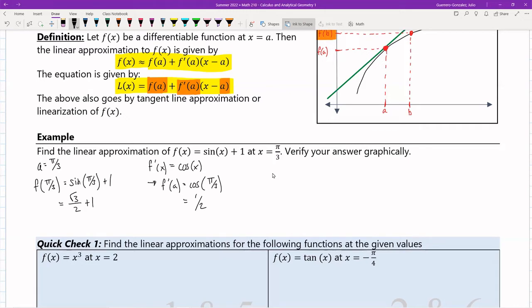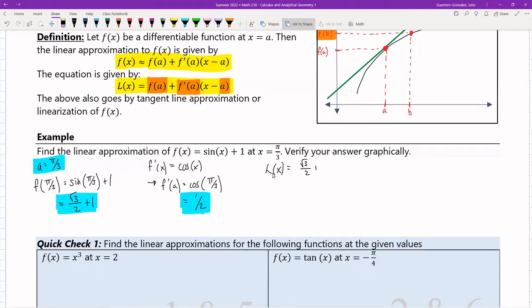Okay, so we have all 3 bits, right? We have a, f of a, and f prime of a. Now all that's left is to put it into our equation. So L of x, our linear approximation, is going to be f of a, so root 3 over 2 plus 1.